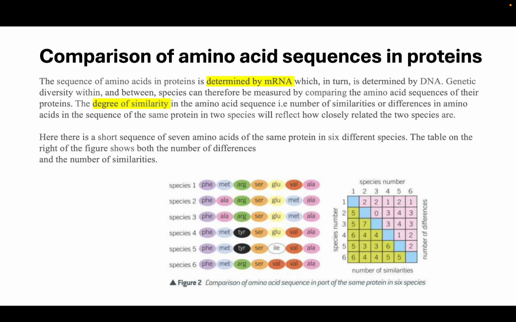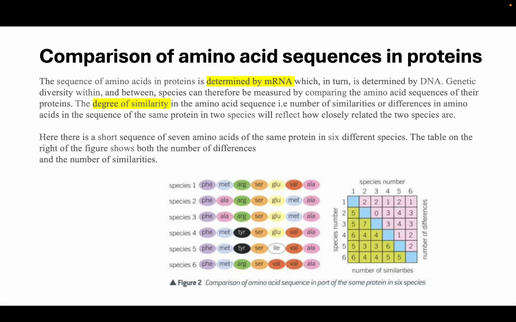So if you see on the images, we have 7 amino acids in 6 different species, and then the table on the right shows the number of differences and number of similarities. I would advise you to only focus on either the bottom left or the top right, because they both show the same information but the inverse.